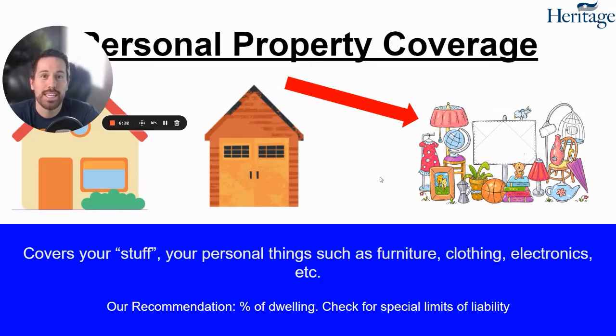There are certain things on certain insurance policies where even if, let's just say you have $200,000 in personal property coverage, but let's say you have a piece of jewelry that is worth $10,000. Well, jewelry on most every homeowner's policy has a special limit of liability. And regardless of the personal property coverage amount, that $200,000 that we talked about, they're only going to pay up to $5,000 for all jewelry.